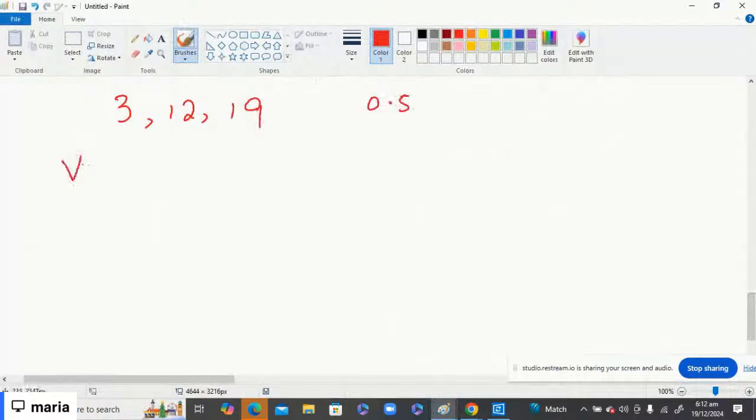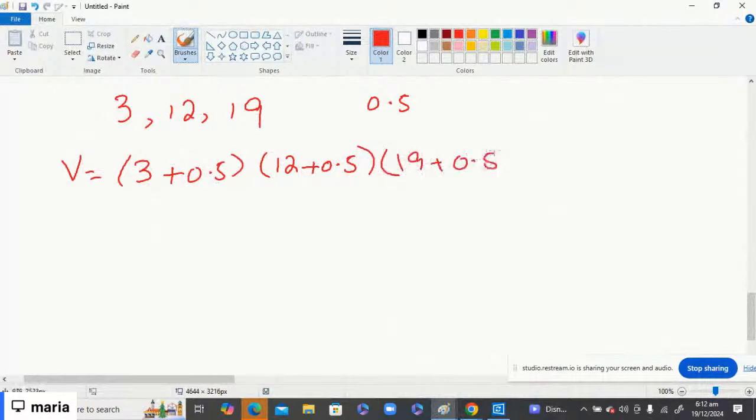So for finding the maximum volume, 3 plus 0.5 times 12 plus 0.5 times 19 plus 0.5. This becomes 3.5, 12.5, 19.5.